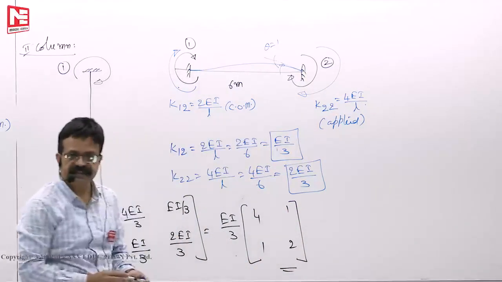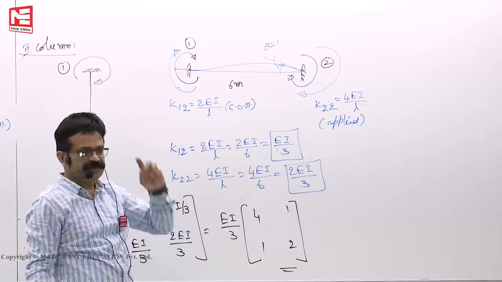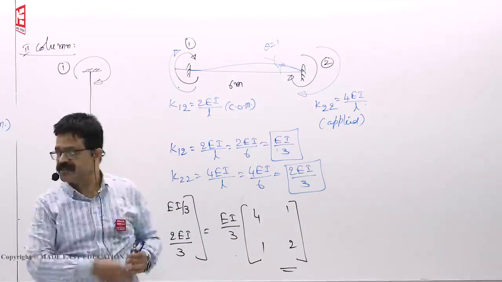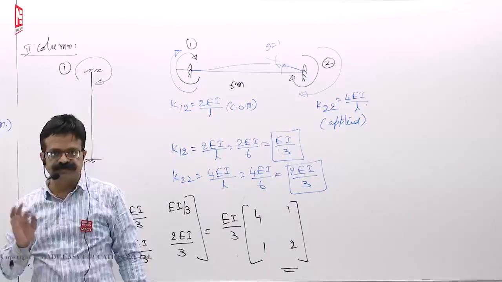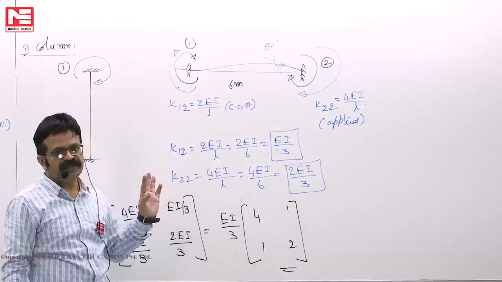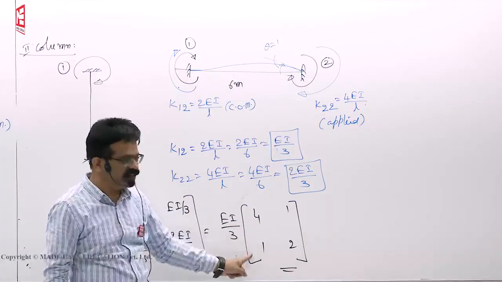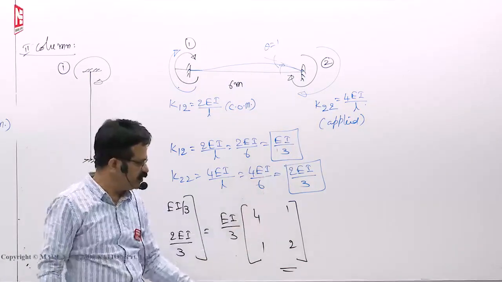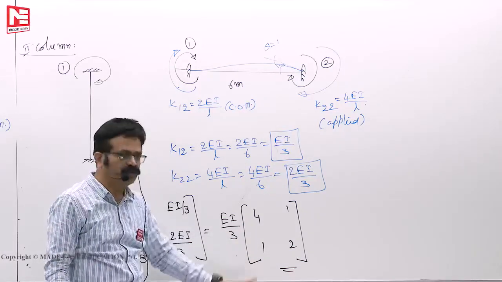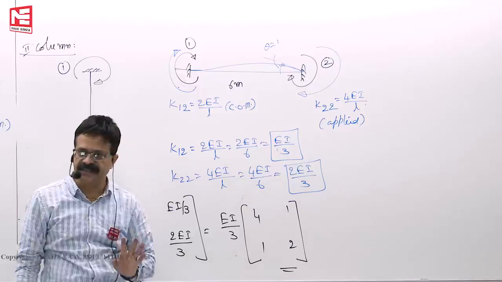Then how to save time: suppose 4 options they will give you. After finding the first column, 4, 1, that means 4 EI by 3, EI by 3, you have calculated, and only one option has 4, 1, let us say. All others are different. If the second option is 4, 2, third option is 4, 3, fourth option is 1, 4, like that they gave, say.